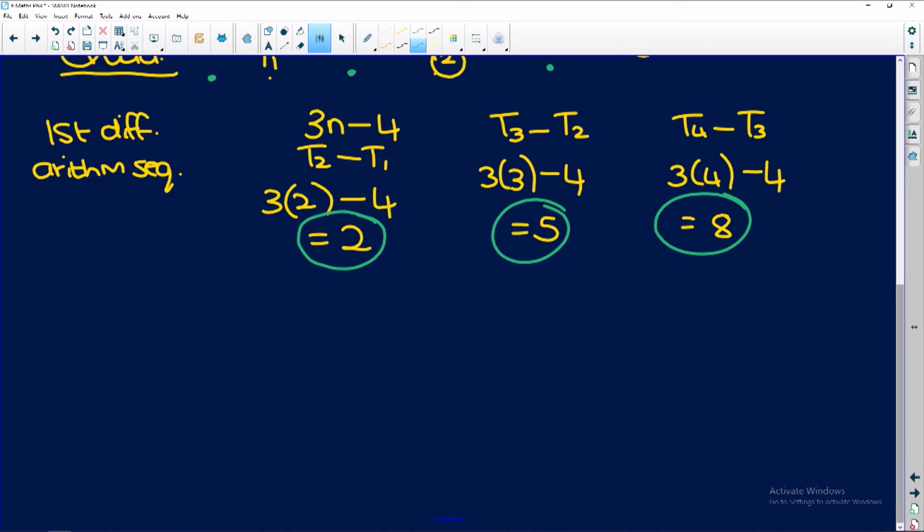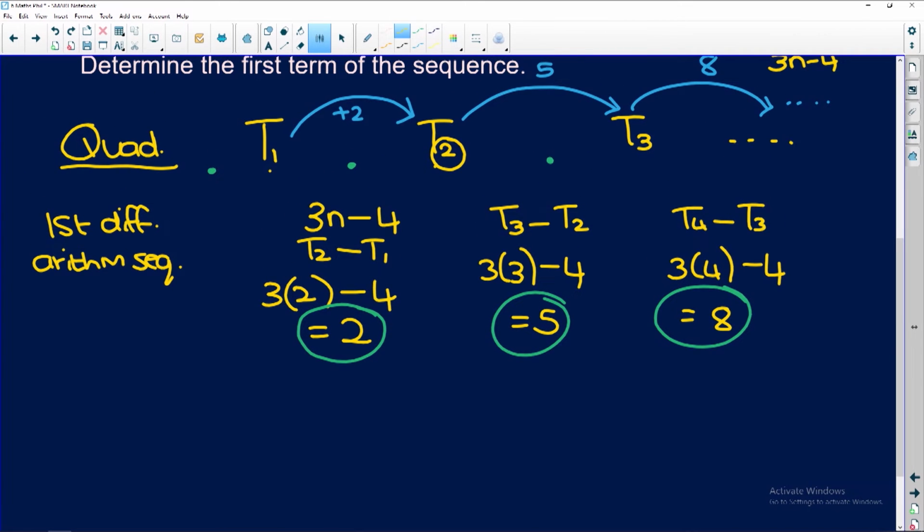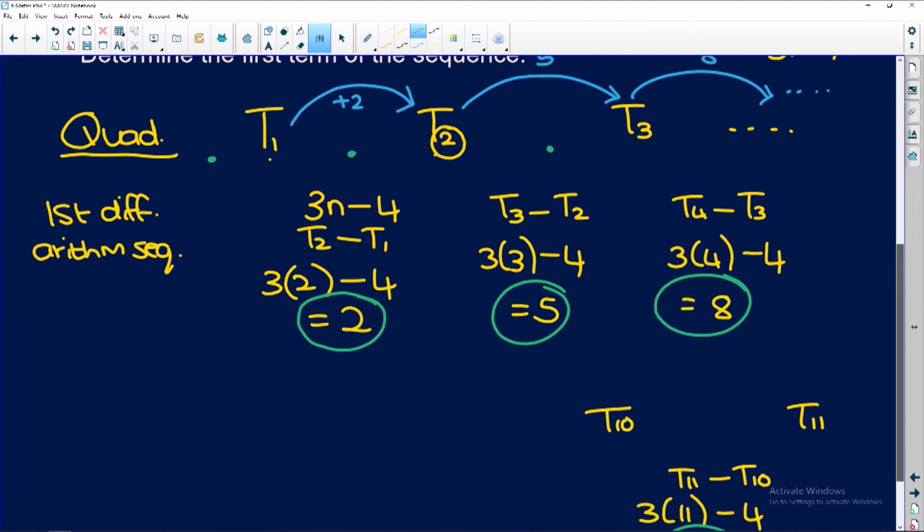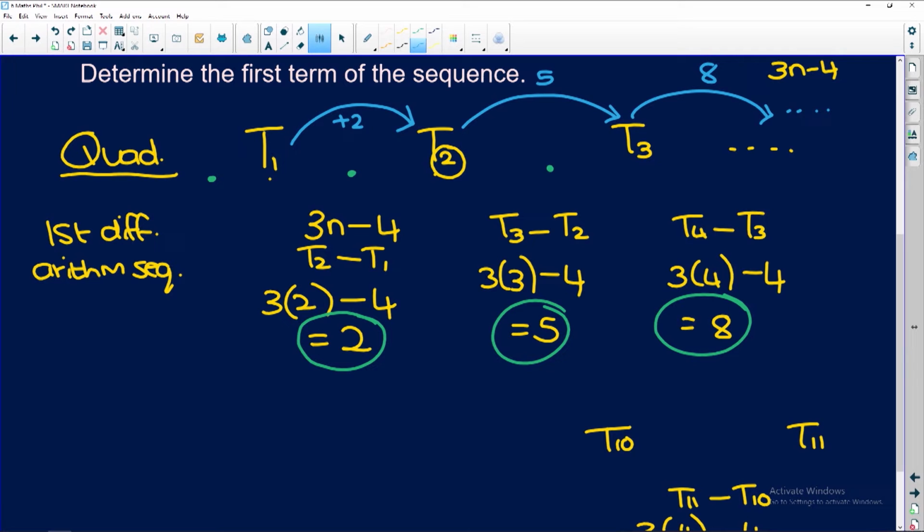When we get to the end of the sequence, if I go from term 10 to term 11, term 11 minus term 10 is going to be 3 times 11 minus 4, which is 33 minus 4, which is 29. Okay, so that is that difference there. So if we analyze this sequence, guys, I hope you agree with me that if I start at term 1 and I add 2, I get to term 2.